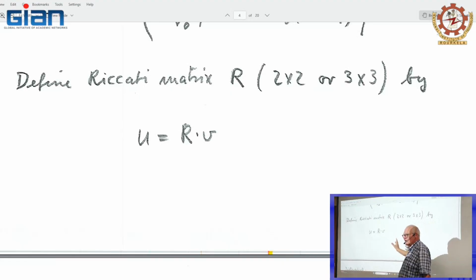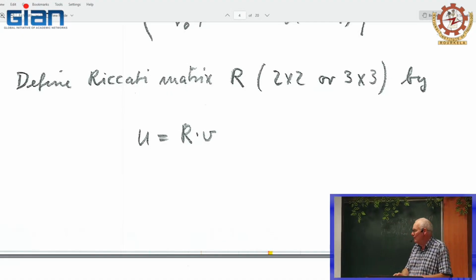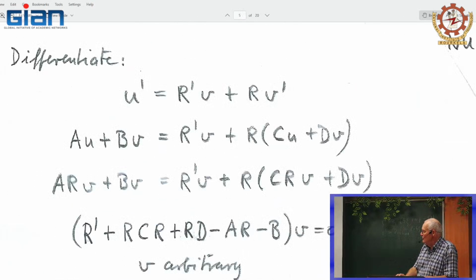So you can equivalently define the Riccati equation and also the boundary conditions by assuming the inverse of the Riccati matrix, simply by inverting this relation. This is equivalent to this way to define the Riccati matrix, and sometimes it's also needed.